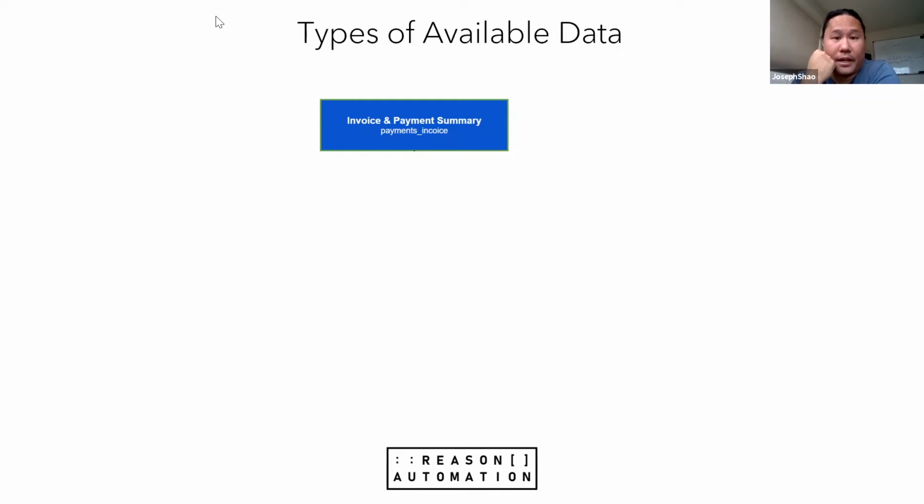And so from there, Amazon provides the invoice and payment summary. This gives you a summary of all the different invoices that you've submitted to Amazon, as well as the payments that they make on those invoices. So this first level is just a summary report of what that looks like.